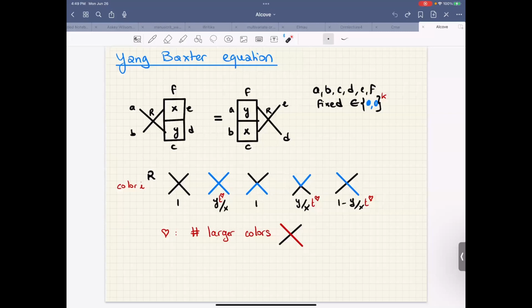Proving it for 1, 2, 3 colors, you can just do by computer. But for k colors in general, it's more difficult. And we gave a combinatorial proof, but you can also do that using representation theory. What's behind that is a fusion of vertex models.